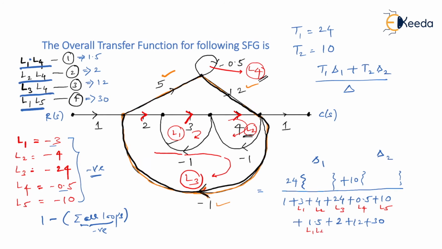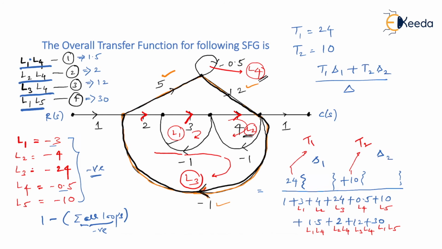So this is L1, L4, this is your L2, L4, next term is L3, L4, and the last one is L1, L5. Don't forget, this 24 is your T1 and this 10 is your T2. Am I right?